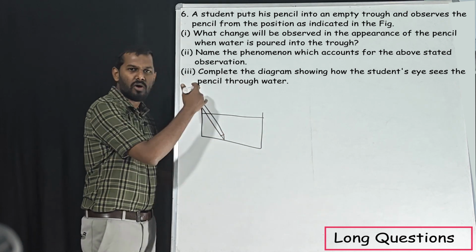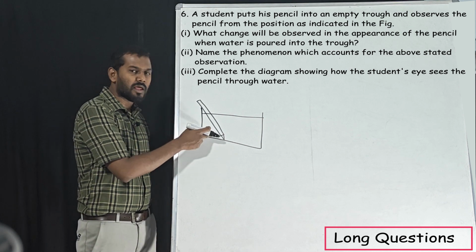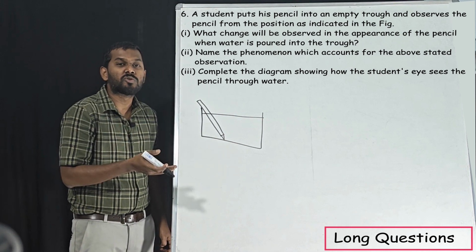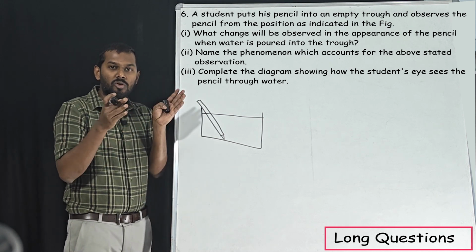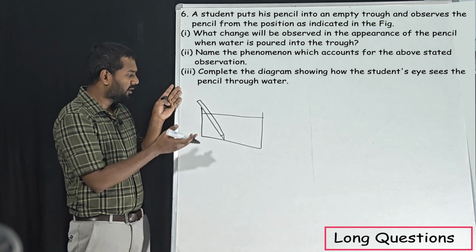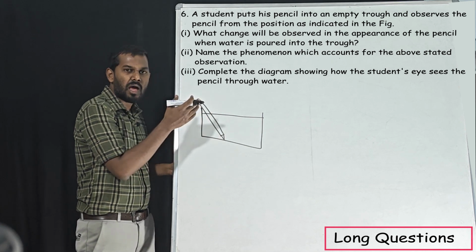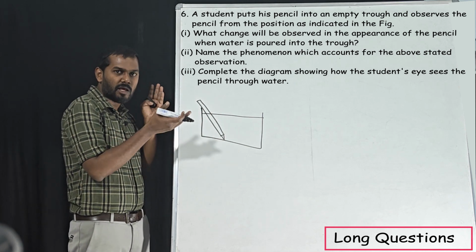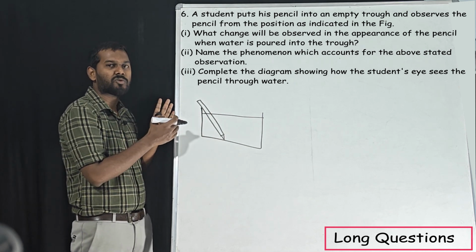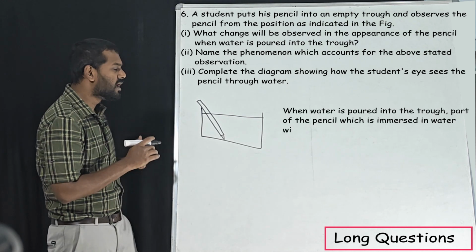You can fill it to whatever level you want. When the water is filled, this pencil appears to be raised and looks shorter than the actual length. You're getting my point? Whenever the water is filled, this pencil appears to be raised up and looks shorter compared to the real length.